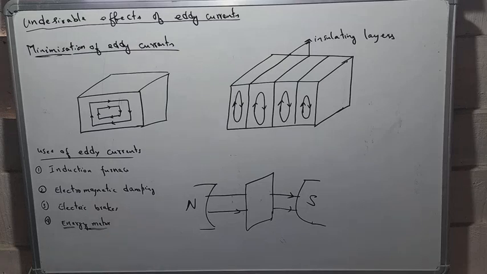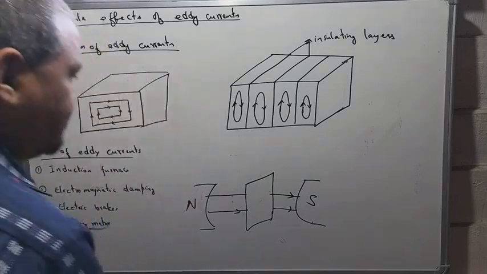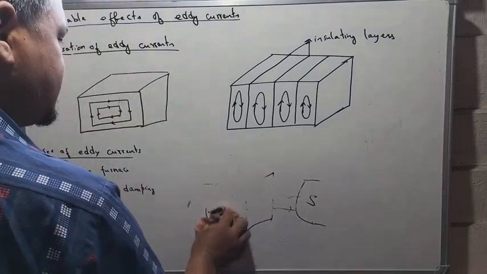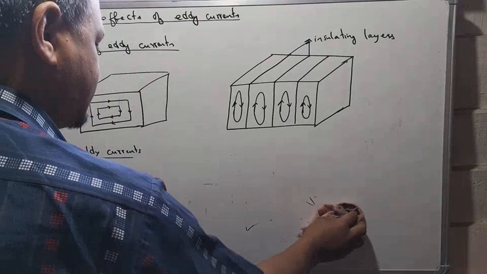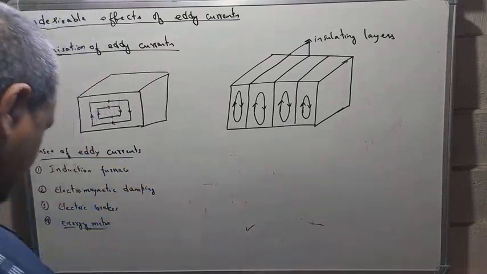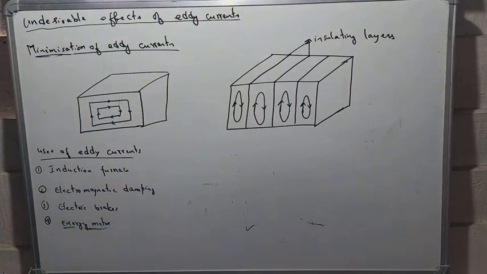Now, the third application is electric brakes. Eddy currents can be used to reduce the speed of an electric train. In order to reduce the speed of electric trains, we apply an electromagnet to the wheels of the train.